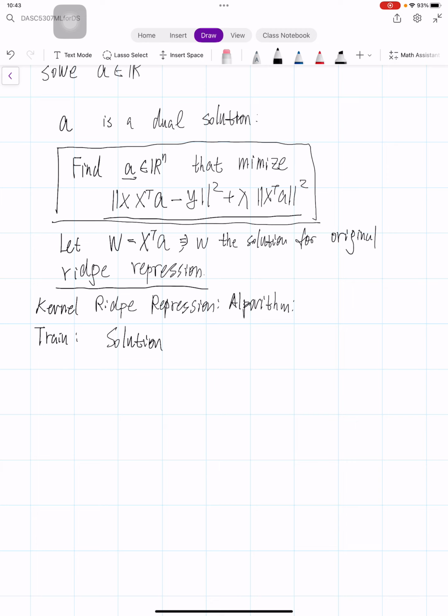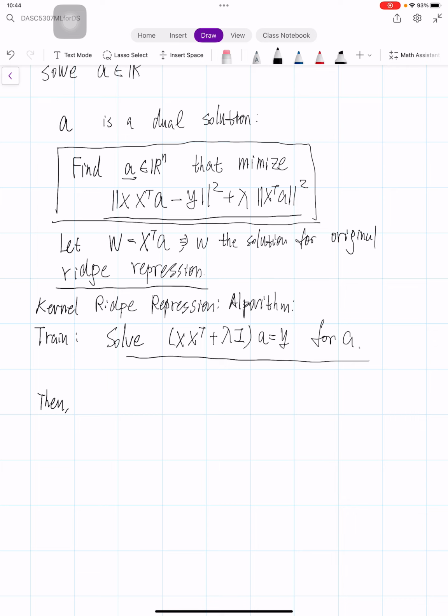We want to solve x transpose plus lambda I, A equals y for A. Okay, and once we solve this equation, recall we always have a solution for this one.